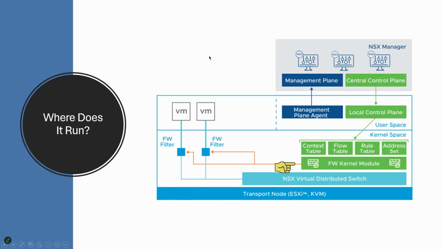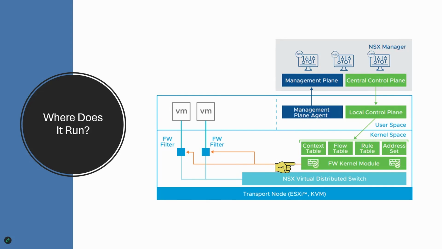This is the actual distributed firewall. It runs inside the hypervisor kernel of every transport node. It is not in the NSX manager, not in the Edge, and it is not a virtual machine. It runs inside the ESXi kernel itself as a module. Its name is the firewall kernel module.